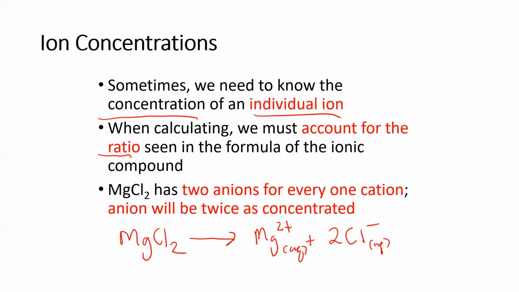So what that means is, if I started with a 1 molar magnesium chloride solution, I'll end up having a 1 molar magnesium ion solution. That would be the concentration, but I would have a 2 molar chloride ion concentration because of this subscript and the mole ratio in the formula.